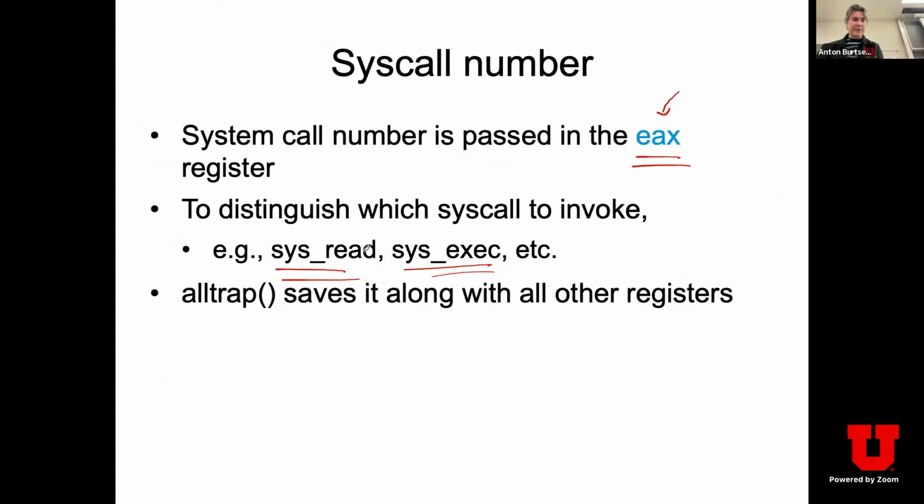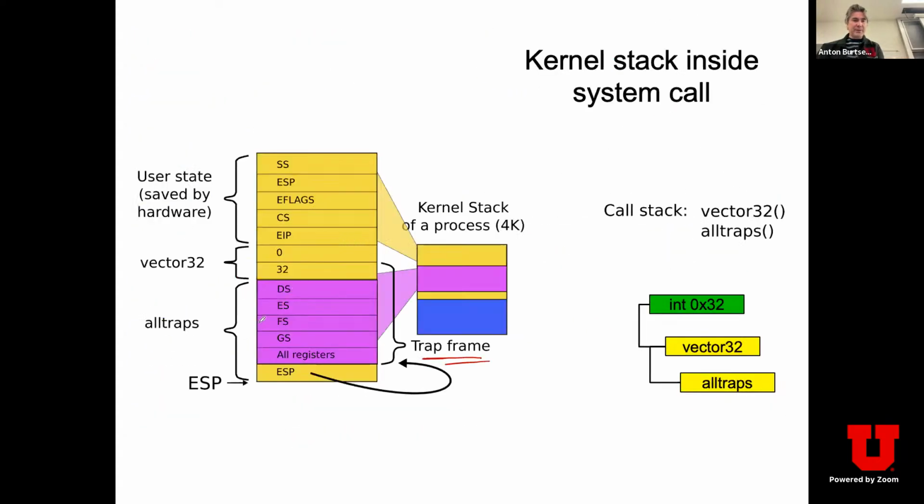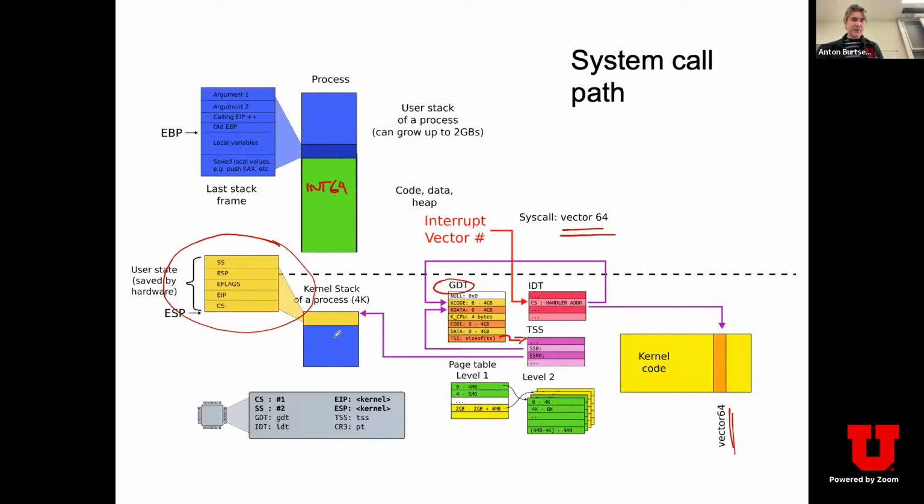So if I go backwards here, this EAX will be sitting somewhere among all registers. This is where we wrote it. And if I go slightly backwards again, it will be roughly somewhere around here. Everything that we pushed before calling int 64 is sitting on this stack somewhere here, on the user stack.